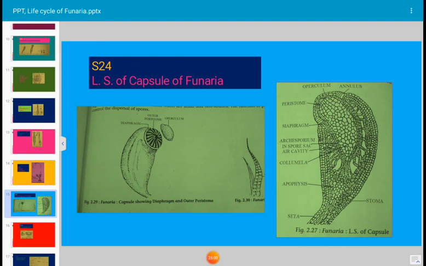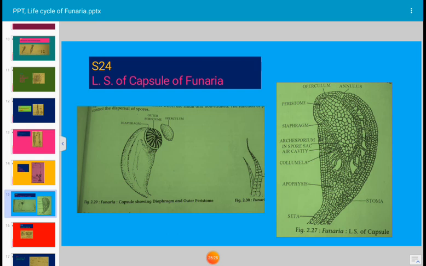Between the walls is present a cavity. That cavity contains a large number of spores. The spores are formed from the spore mother cells, also known as sporocytes. The sporocytes are formed after reductional division, after meiosis. Hence, they are haploid in nature.